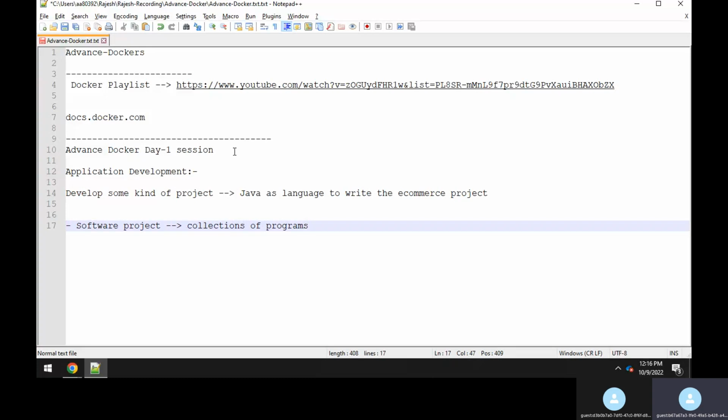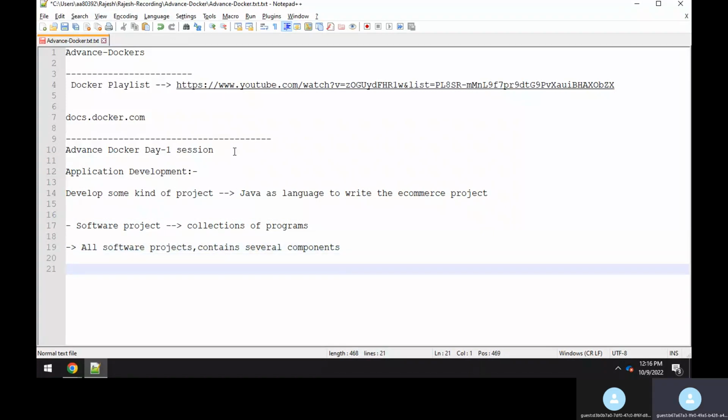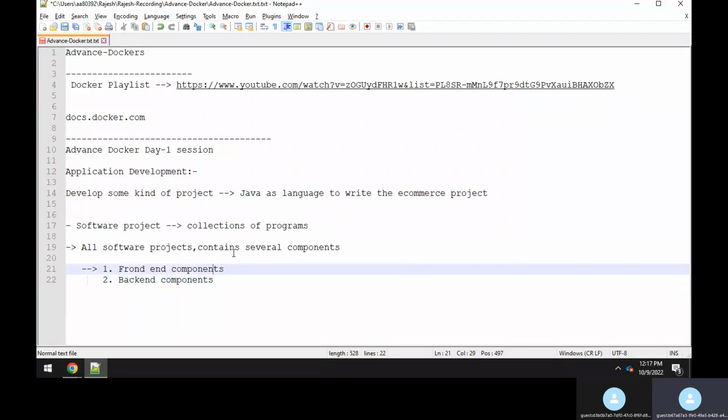Almost all software projects contain several components. What are the important components? Take any project and you will have a front end component, a back end component, and a database component. The front end is your UI, the user interface component.